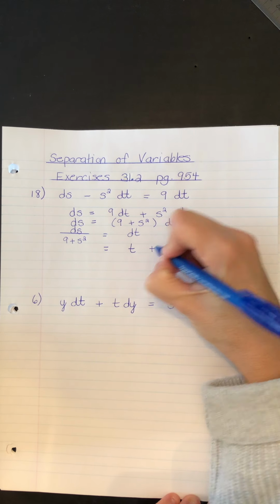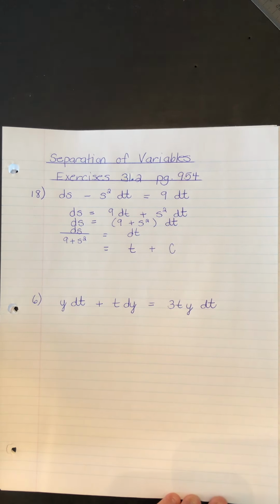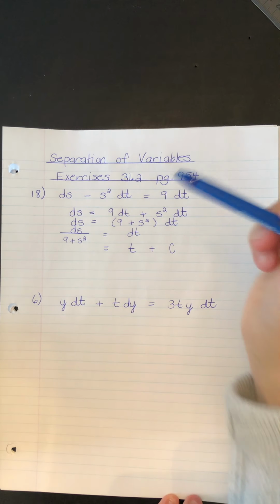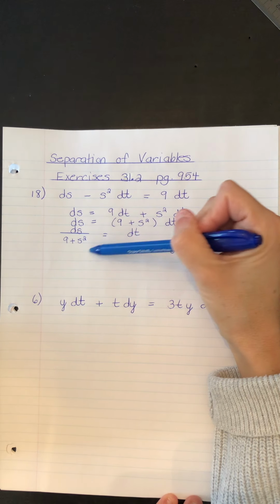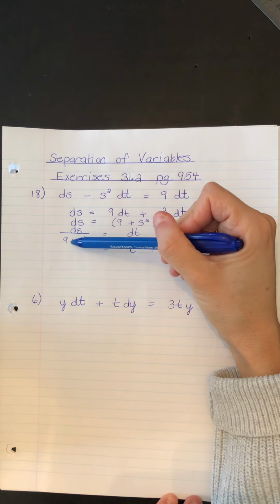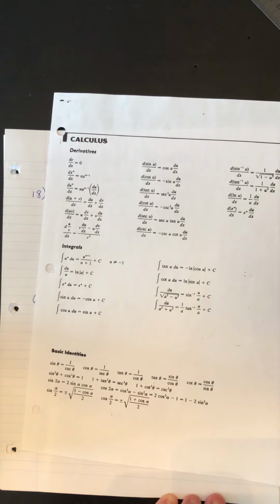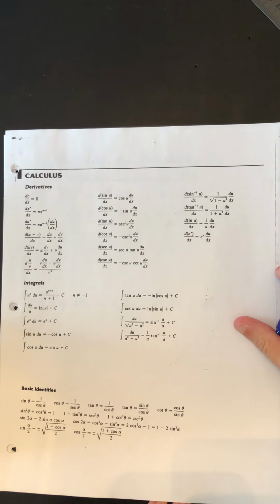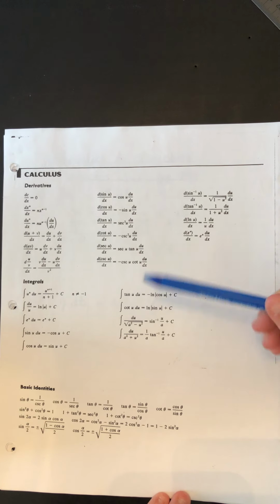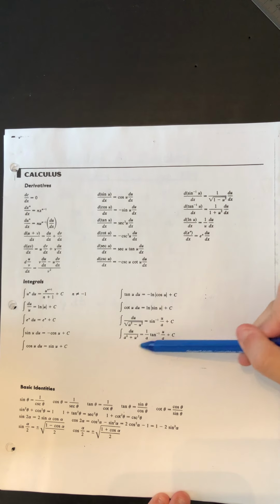And then of course we would have a constant here. Okay, and now on the left side, I want to integrate ds over 9 plus s squared. And you'll find that that is actually here within our table.